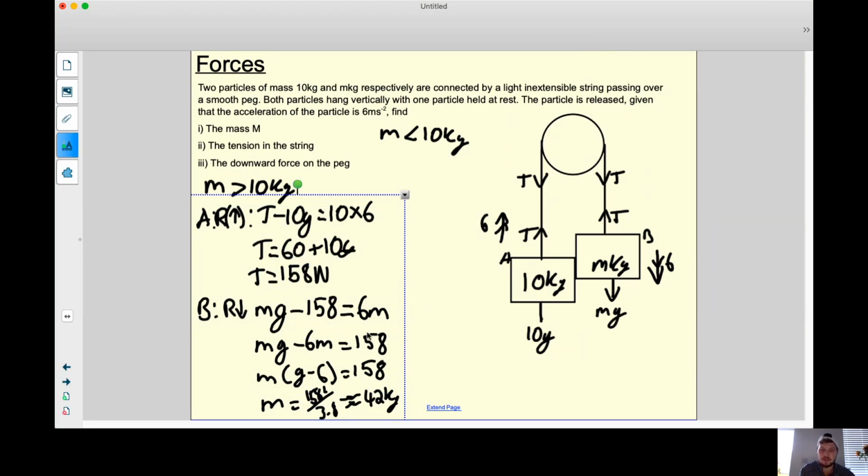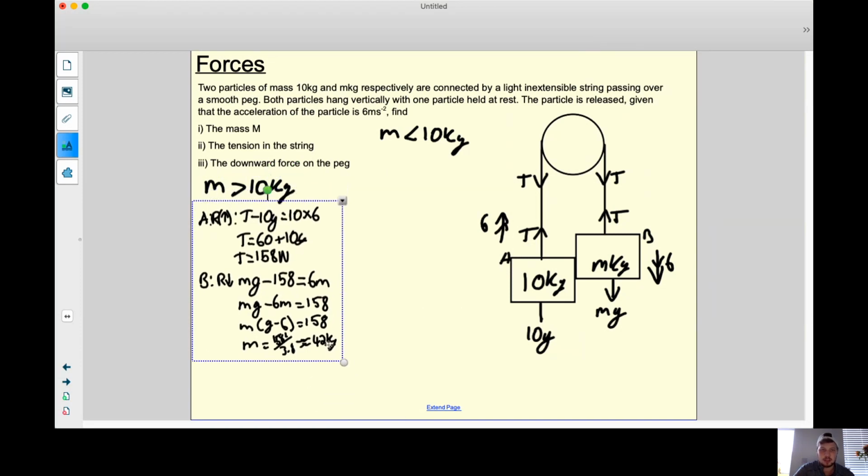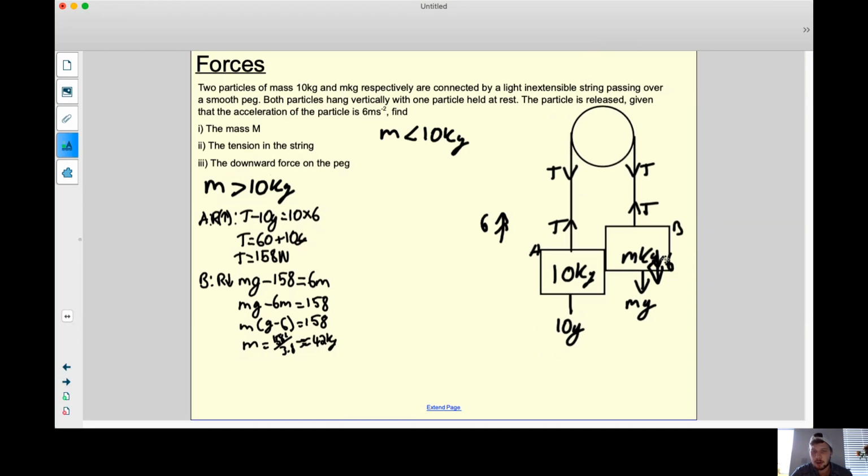Obviously that would mean that my acceleration would be happening in the other direction. Now I'm going to think about what would happen if my acceleration was in the other direction, which would mean that my mass would have to be less than 10. That would mean the acceleration is happening downwards on this side, and upwards over here. So again I'm going to resolve for this side only because I have the weight already.